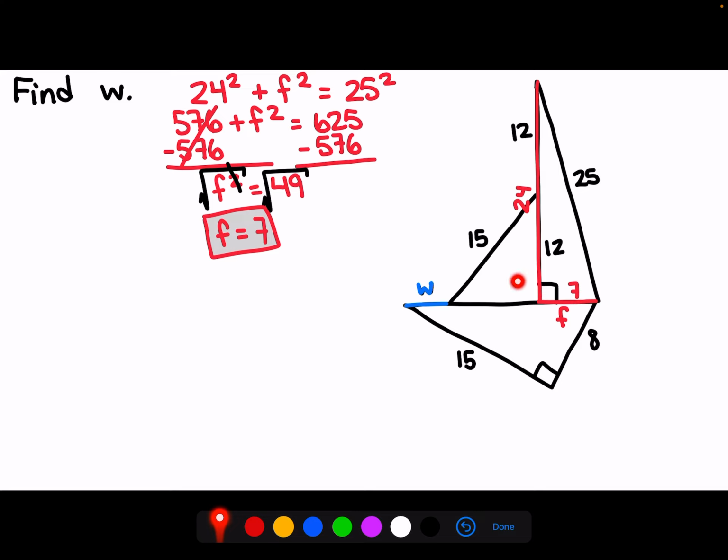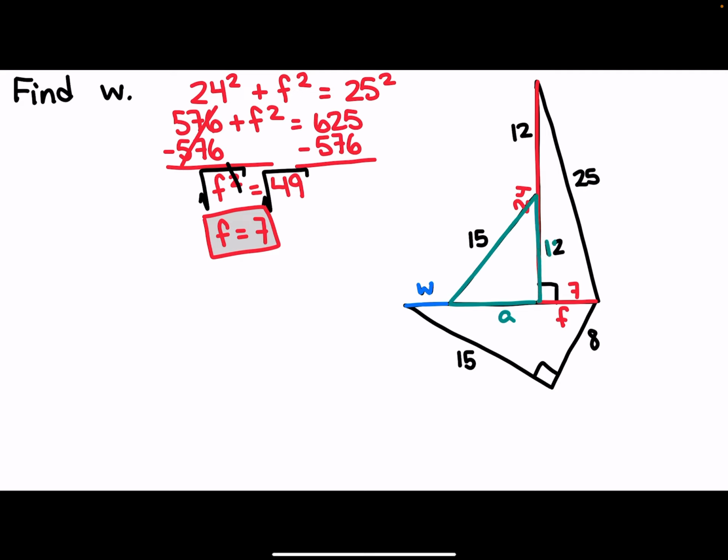Next, we're going to go ahead and solve for this top left triangle. Just solve for this missing piece here. So looking at this top left triangle, I have the hypotenuse, 15. And I have a leg of 12. So again, I use Pythagorean's theorem. I'll call this missing part a.